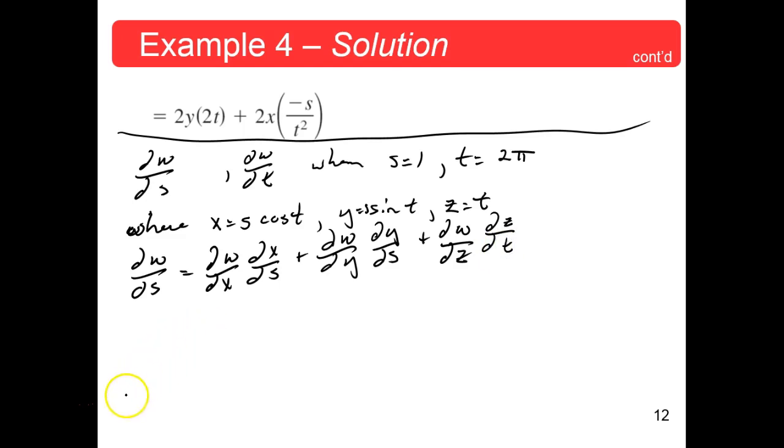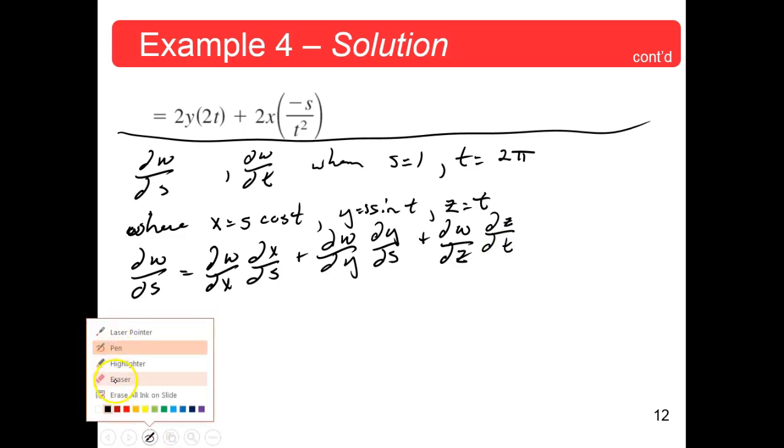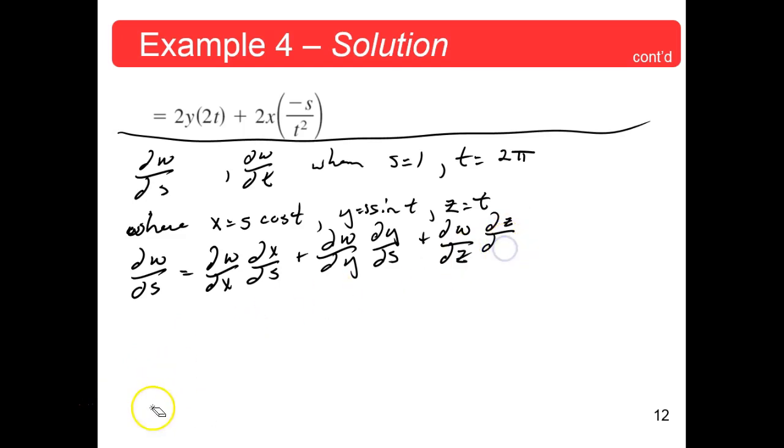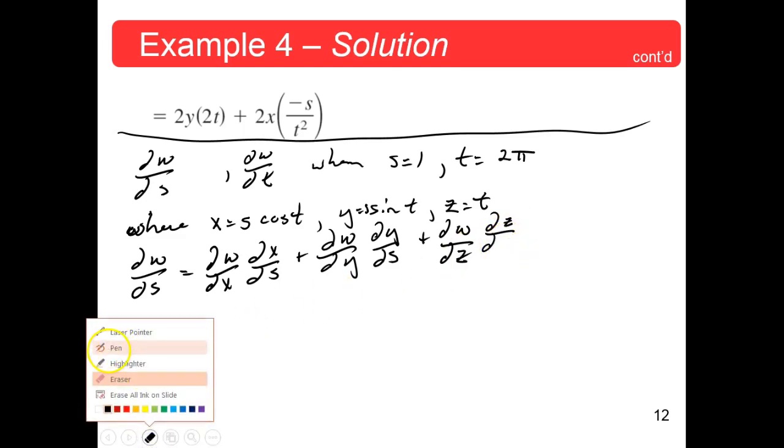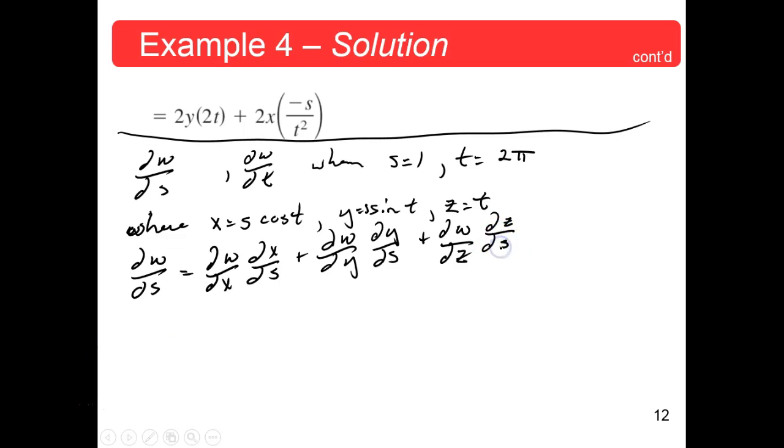No, I'm sorry, s. I'm jumping ahead and doing my t's. Okay, s. Now, because you have 3 intermediate variables here, 2 independent variables, 1 dependent variable.